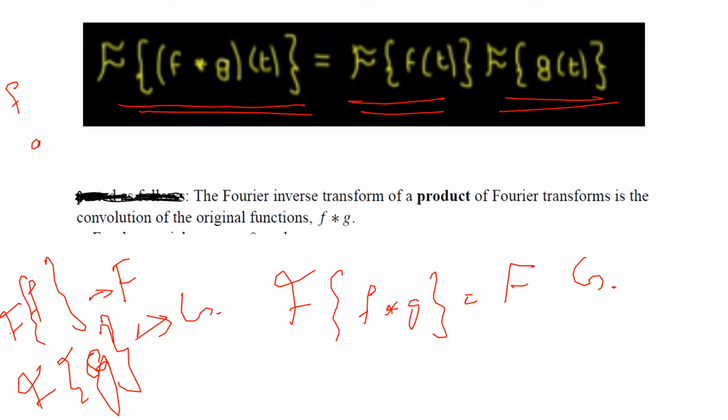It is the Fourier transform of the first function f, and what is G? It is the Fourier transform of the second function.